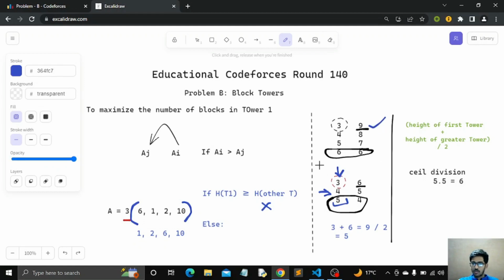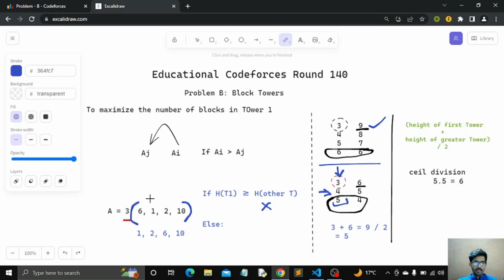So I hope it makes sense. It is always optimal to sort the heights of the remaining towers, and one by one in increasing order we check each tower whether we can perform the operation with that tower or not. So this is the approach to solve this problem.